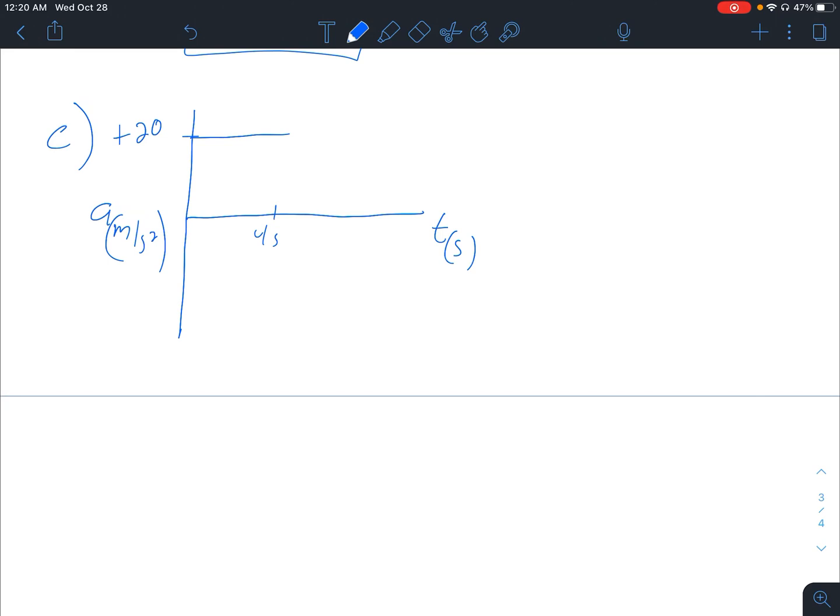The rest of our travel is going to be at a negative 9.8. Again, don't draw this. If I did this, is that a good qualitatively or quantitatively drawn graph? No, because these two distances look about the same.